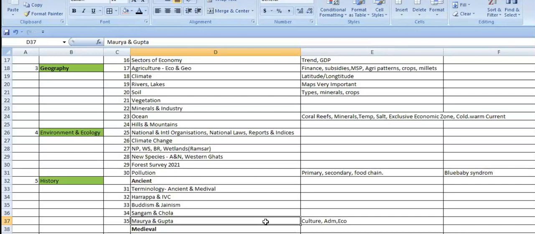So this is very, very important, the formation. See, anything that is revolutionary in nature in history has to be concentrated on. So Mauryas and Guptas are very, very important when it comes to culture, administration, and economy. Fine, and also the terminologies used in those times.